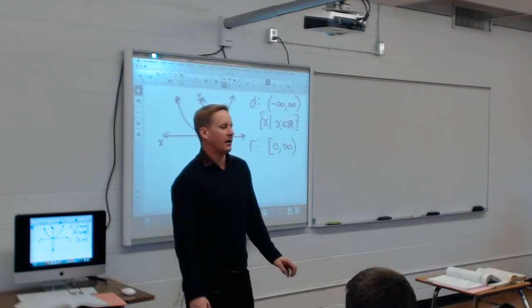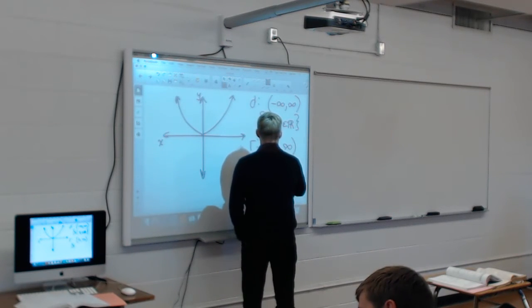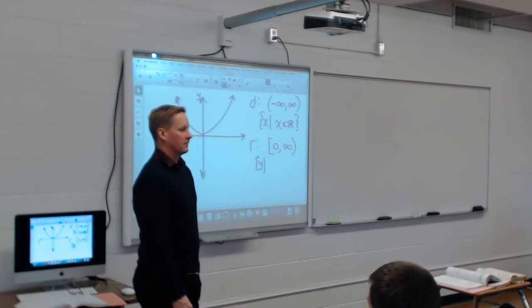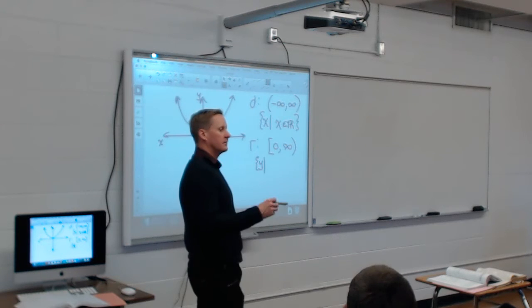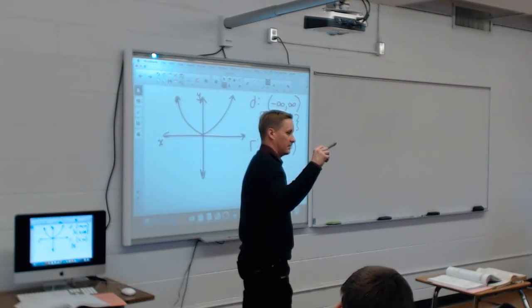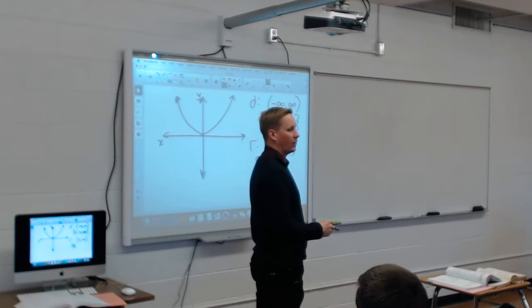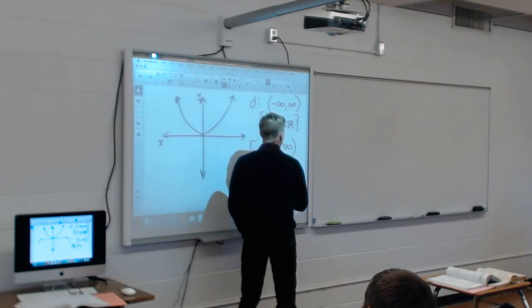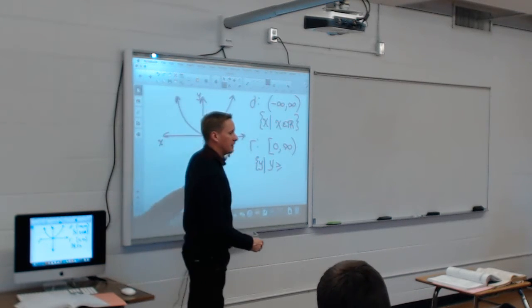How did I describe that using set notation? Y such that y is greater than or equal to, what's the smallest value on the graph that it covers? 0.